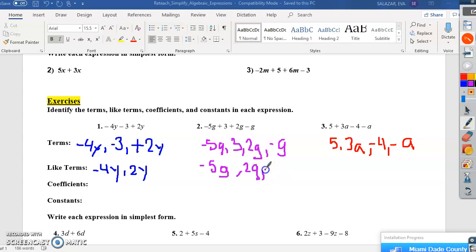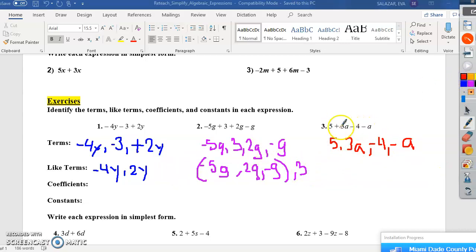And negative g is a like term. All these are like terms. And I'm going to go ahead and just leave 3 by itself because that cannot be combined with anything. If I had another constant, then I can say those two are alike, but I don't. So 3 is by itself.